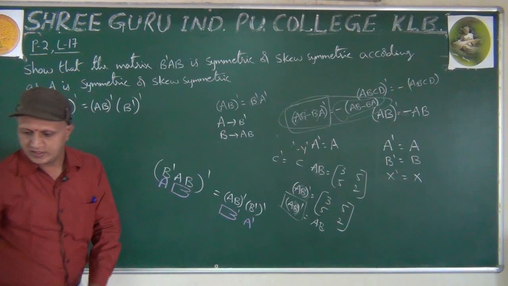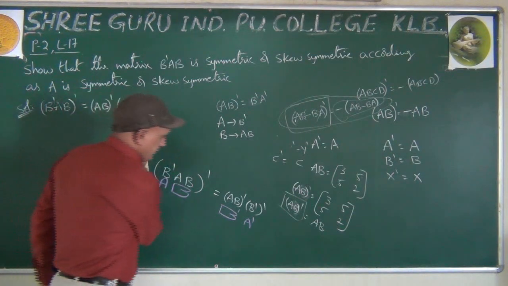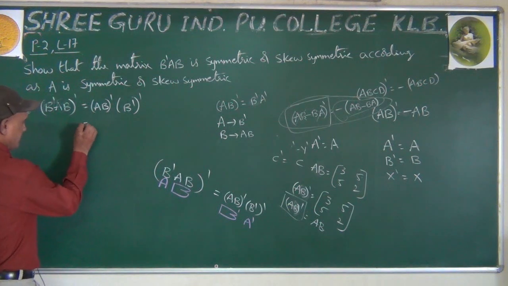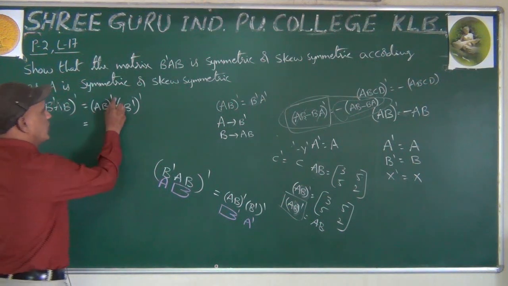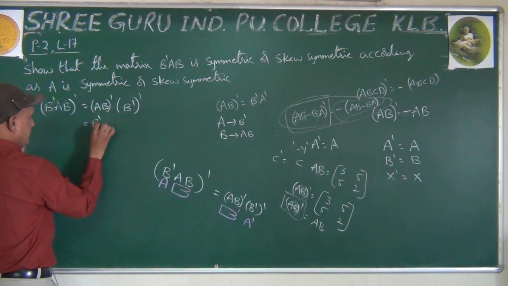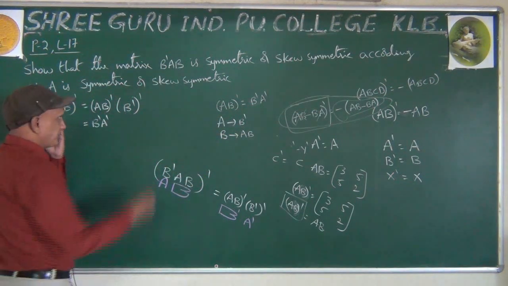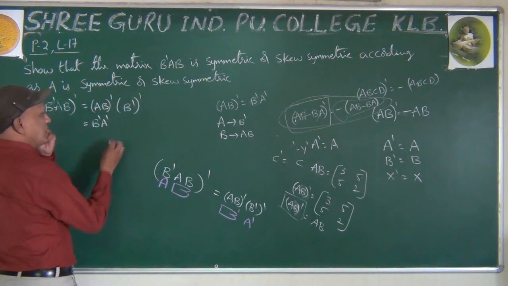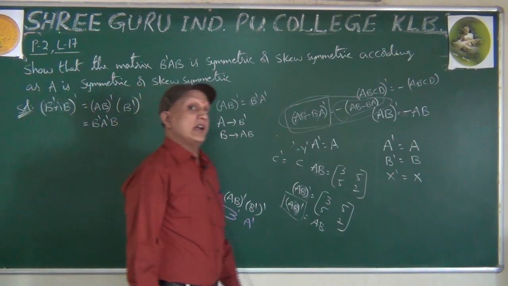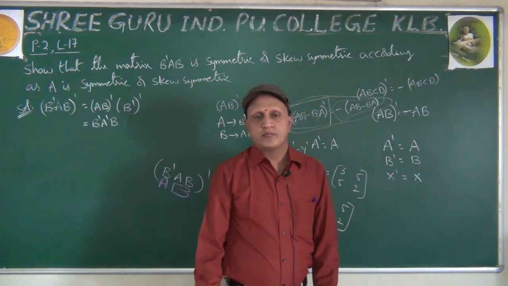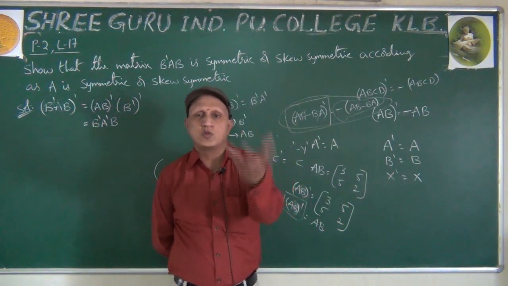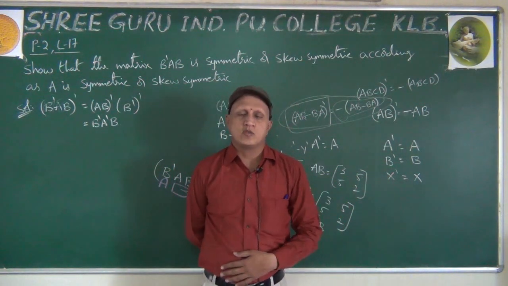Clear? Equals to AB whole dash property, B dash A dash. B dash whole dash property B, A dash whole dash is A. If you make transpose two times, the same matrix will come.